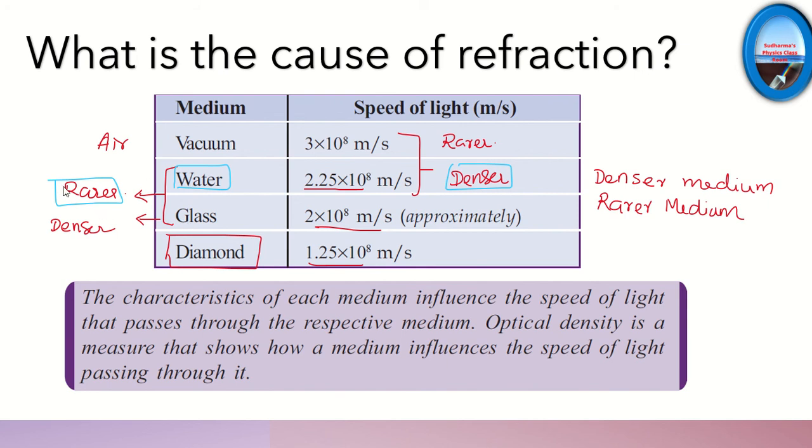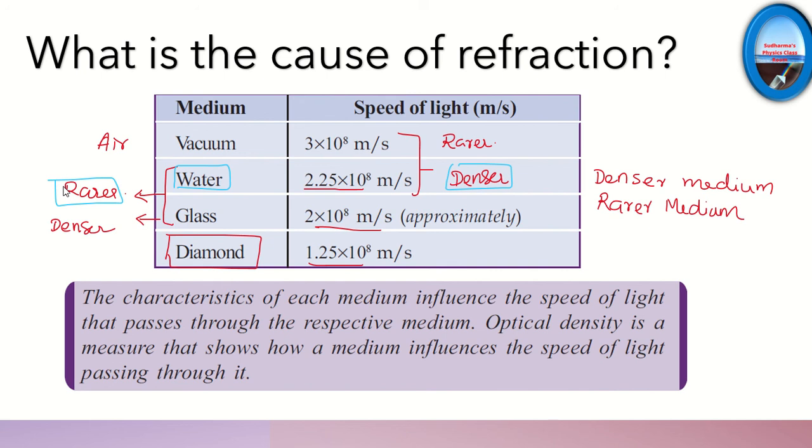The same transparent medium can be denser medium or rarer medium with respect to what it is paired. So it is a relative quantity, but optical density is a constant for a particular medium. There is a relation between optical density, rarer medium, and denser medium, so wait for the next class, as I said already.